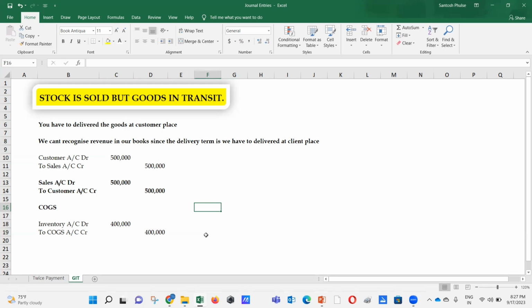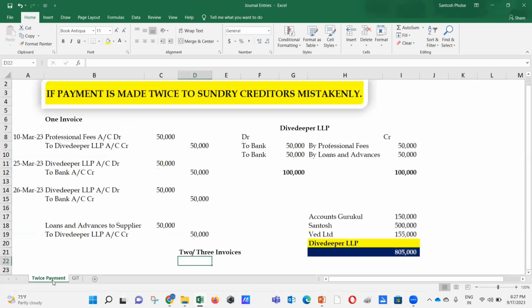And whenever you have to give the answers, you have to present in that way, and how you're going to explain, we discuss. Give the reference of AS 9, the accounting standard for revenue recognition, and give the answer for that. And this also applies to the twice payment scenario, where you have to do the presentation as per the accounting standard, how you present your report.